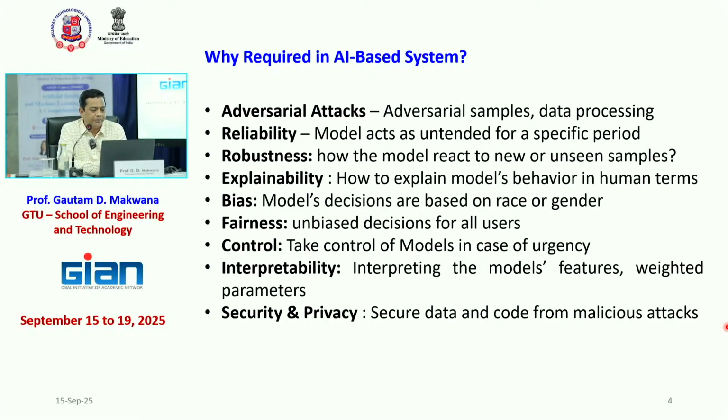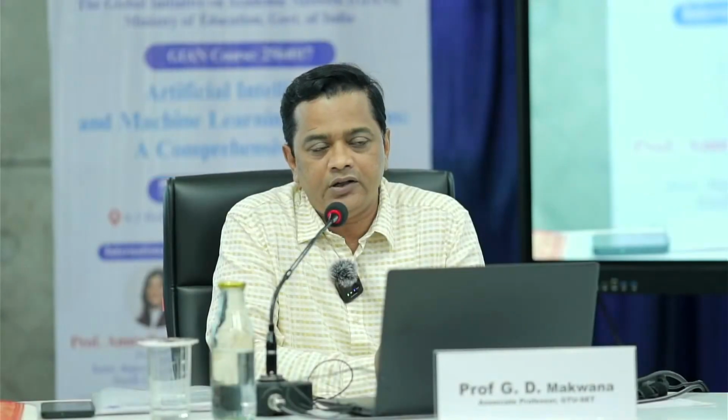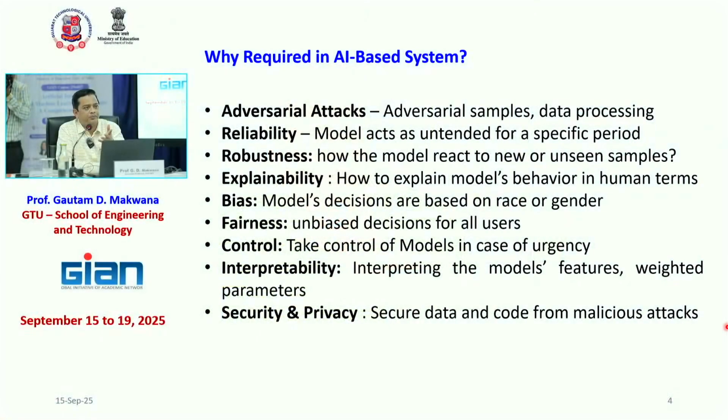And the explainability. When I take decisions, I have something in mind about why I took this decision. But in the AI model, whatever the decisions, it is a black box, and whatever the input and the output are the predictions.